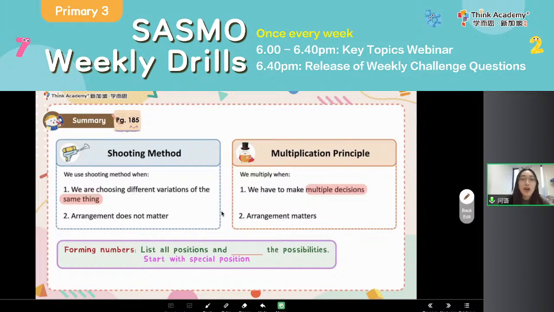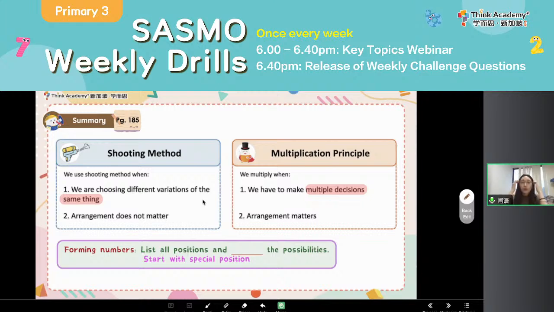Okay, so here let's have a quick summary of this topic. Basically, you need to understand the two methods, two different ways. The first one is about the selection method. So when do we apply the selection method? Usually it is like the handshaking problem. And pay attention, we are choosing different variations of the same thing, and the arrangement doesn't matter. And when do we apply the multiplication principle?